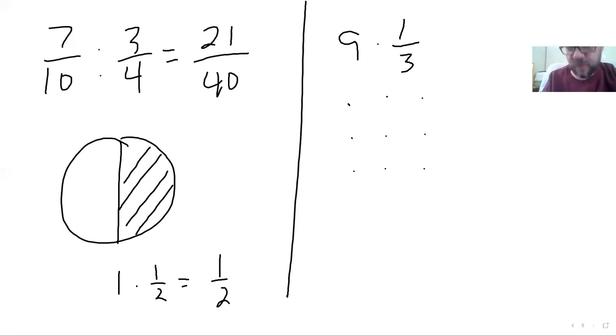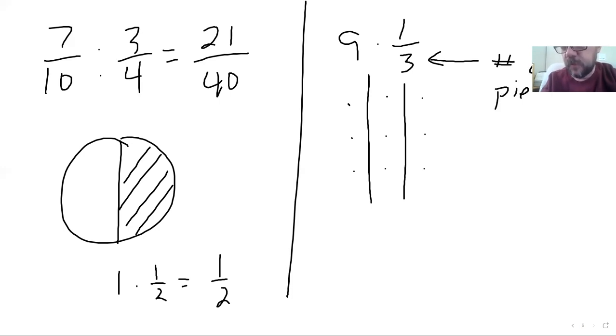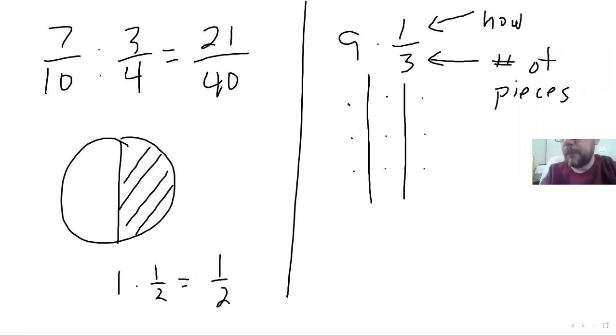If I have 9 things and I want a third of them, well, that means divide them into 3 pieces, and then take one of the pieces, right? So we've got number of pieces, and then how many we want. So I divided into 3 pieces, so there's my 3 pieces.